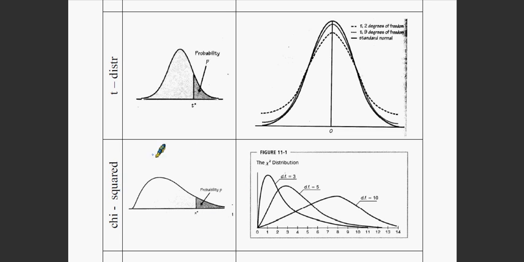Now, down here is the shape of the chi-squared probability distribution. Chi-squared also has the degrees of freedom concept, df, and unlike the t-distribution, as the degrees of freedom increase, it gets taller and narrower and gets closer to the normal distribution.